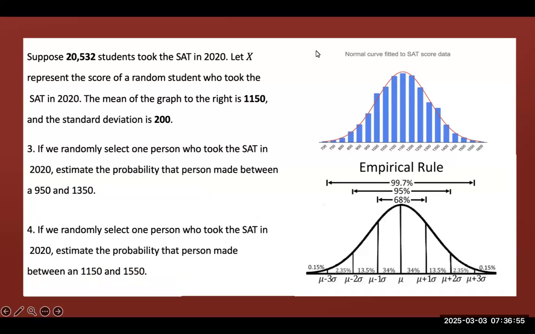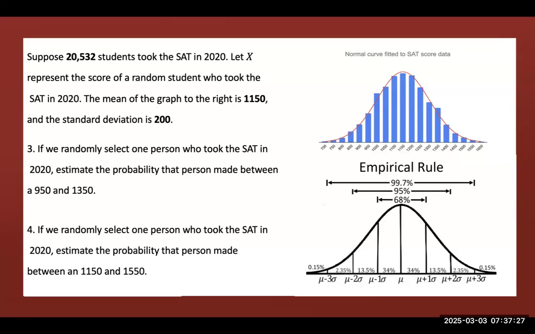Now, if we randomly select one person who took the SAT in 2020, let's estimate the probability the person made between a 950 and a 1350. Compare those scores to 1150. To get a 950, you have to subtract 200. If we look down at the empirical rule at mu, if we subtract one standard deviation, we get 950, and if we add one standard deviation, we get 1350.